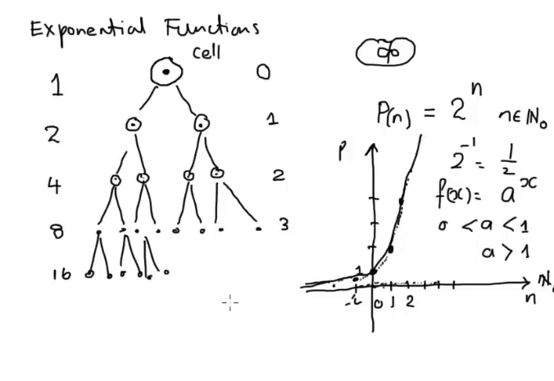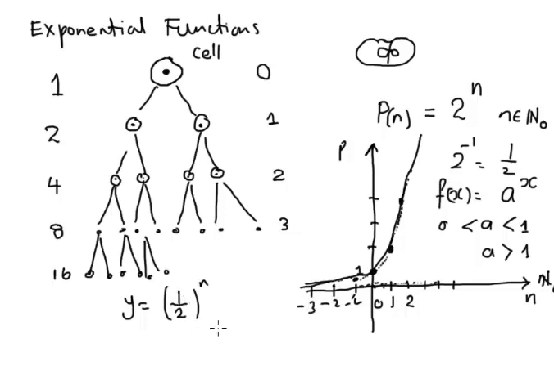Let me consider a situation where y is equal to half to the power n. I'll start with n so that you can see the values easily. Let's suppose I am at minus 2 here, minus 3 there.